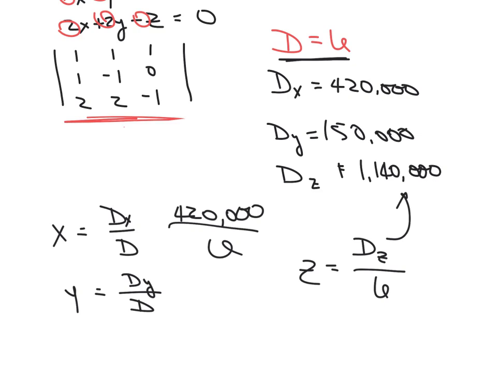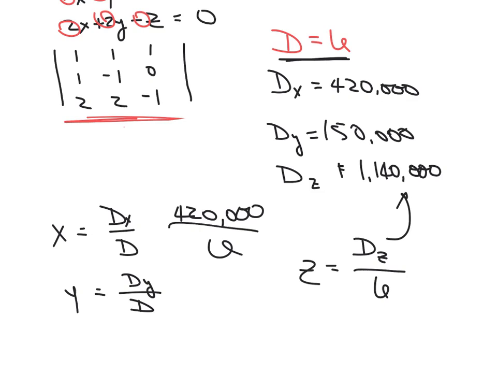Okay, so when you're doing these, if you run into some where your D value right here turns into a 0, and let's say that one of the numerators, doesn't matter which one of the numerators or two of them, or even three of them, is not 0.